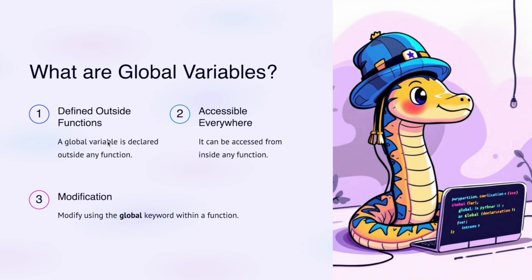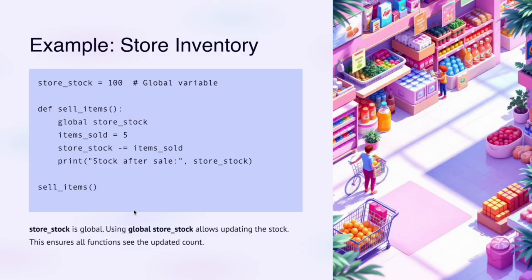So a global variable is declared outside any function, as you can see on the screen, and it can be accessible everywhere in any function. If you want to modify the global variable, we can use the global keyword inside a function, and we can modify the value accordingly as per need.